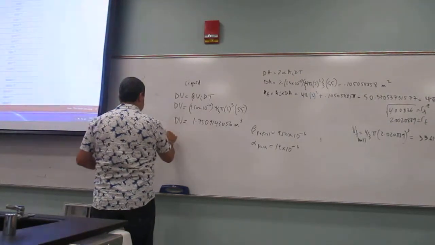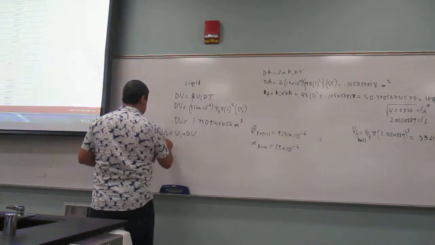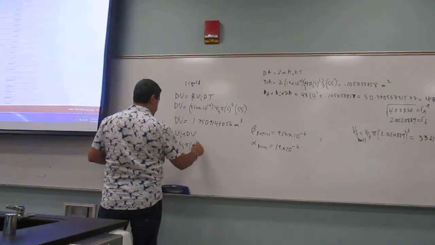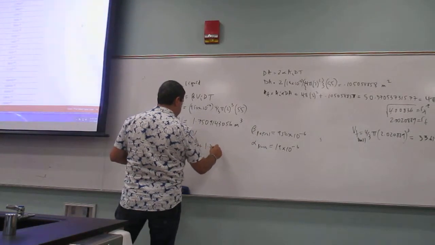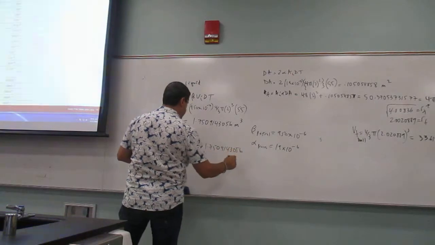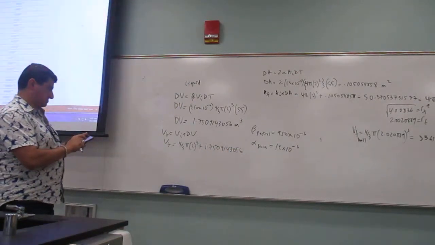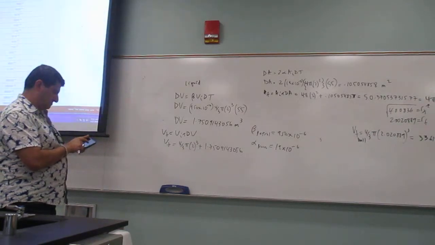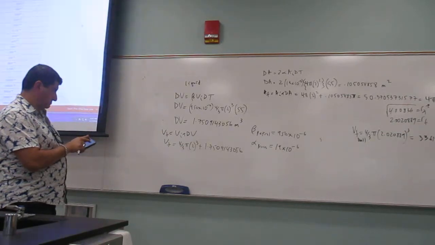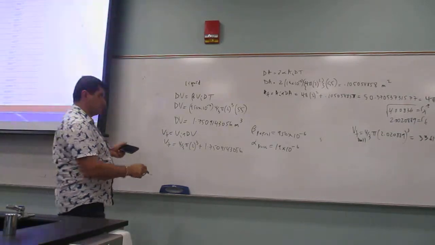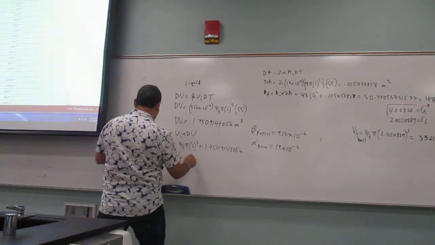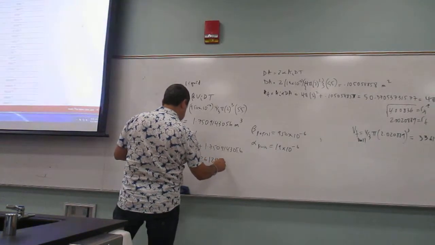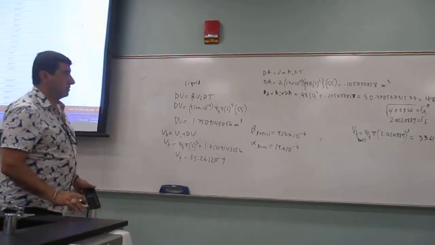So V final is going to be V initial plus delta V. So then it's going to be 4/3 pi r cubed plus delta V. Oh, wow.